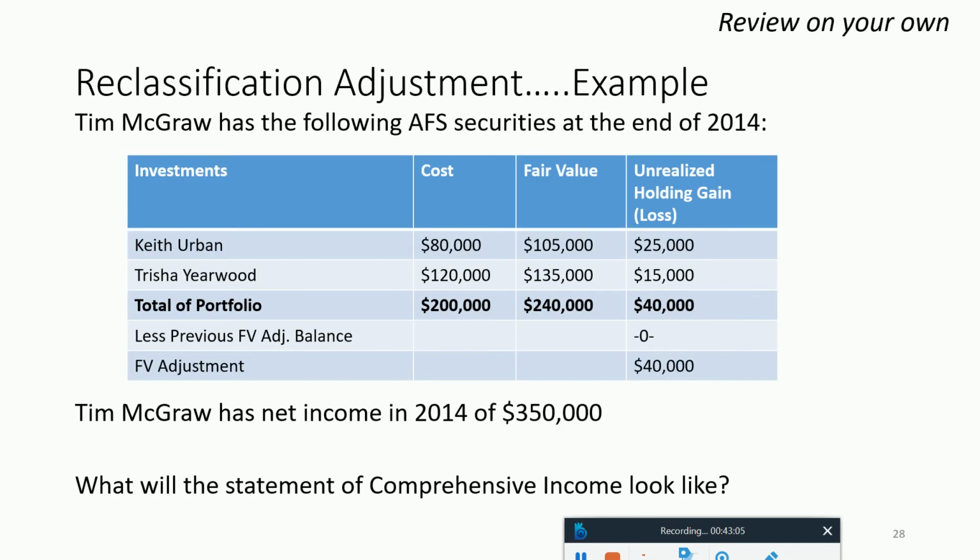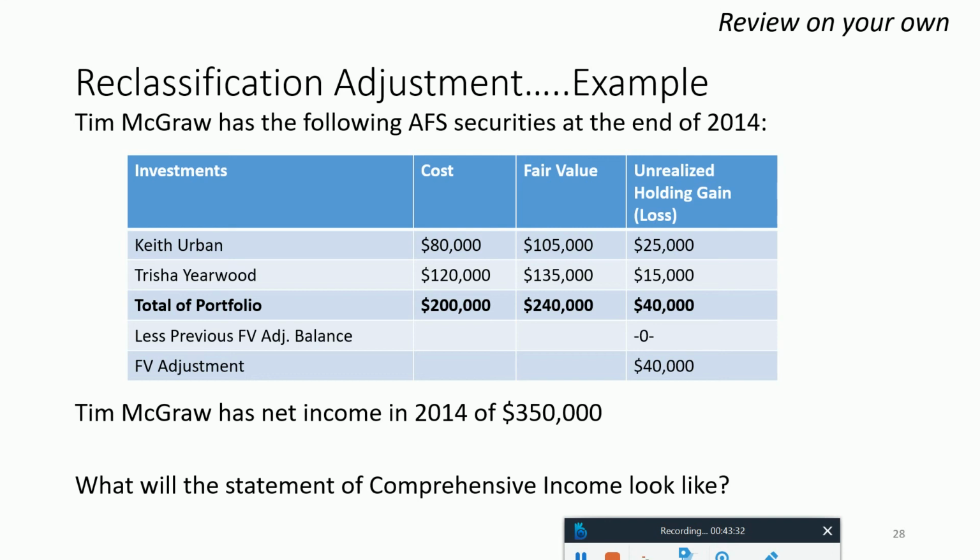So let's take a look at an example. Tim McGraw has the following available for sale securities at the end of 2014. So Tim McGraw has investments in Keith Urban and Tricia Underwood. The cost of those investments is $80,000 and $120,000 respectively, and the fair value is $105,000 and $135,000.